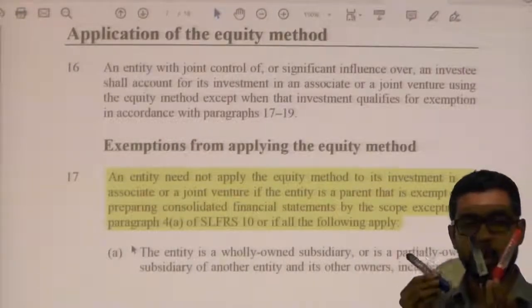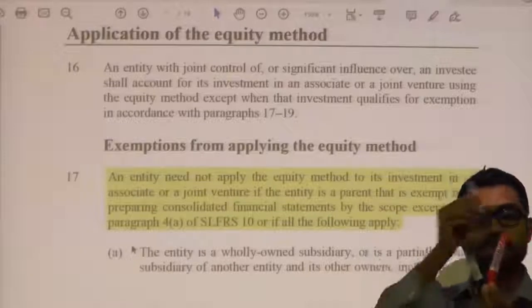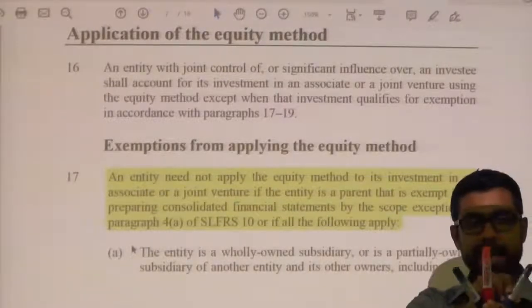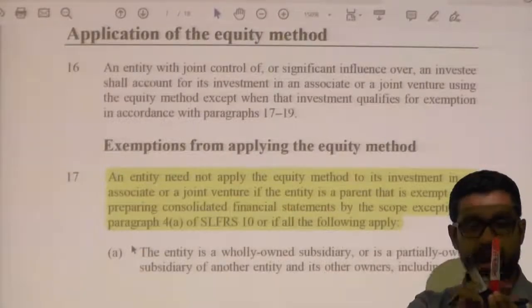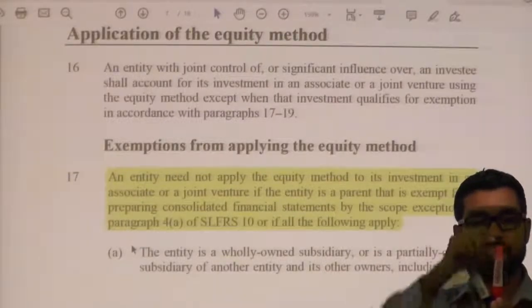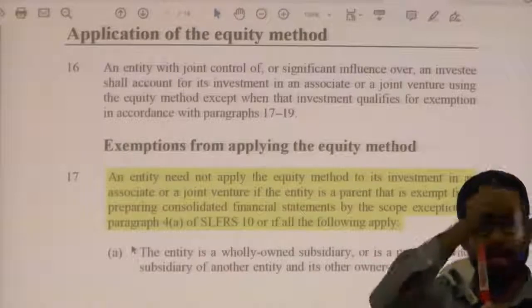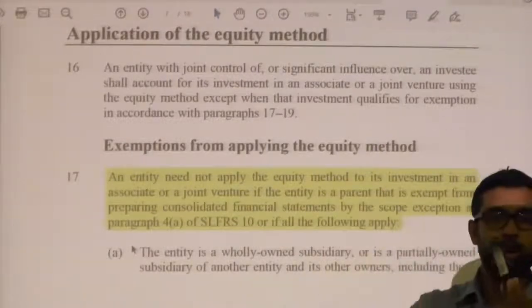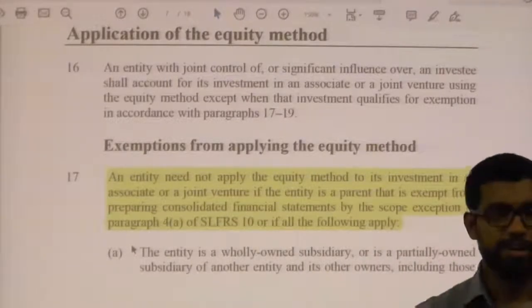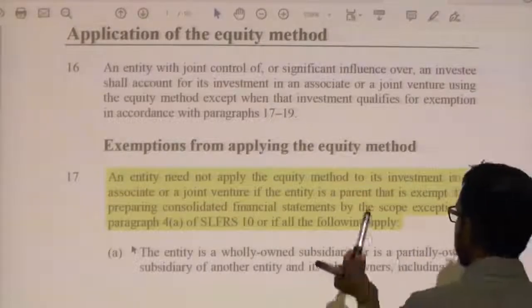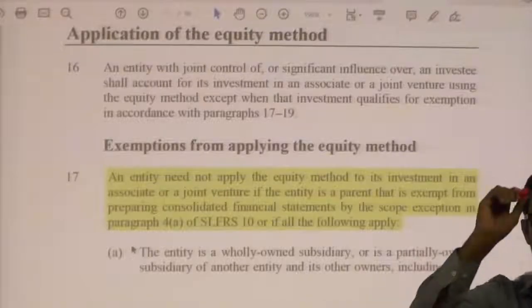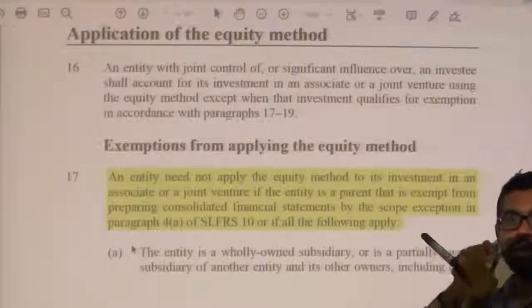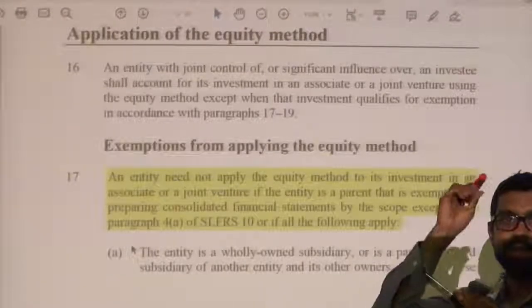Now let's say blue acquired 80% of red and blue prepares consolidated financial statements. If you prepare consolidated financial statements, blue is the parent. Now red need not prepare financial statements by applying the equity method of accounting. Right? So blue applies the equity method of accounting, not red. Why? The ultimate parent is blue.